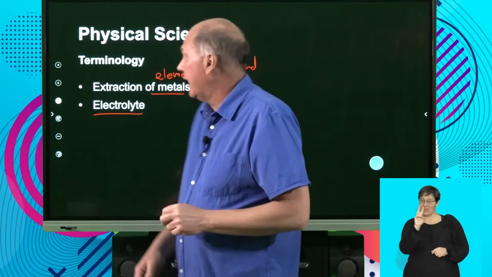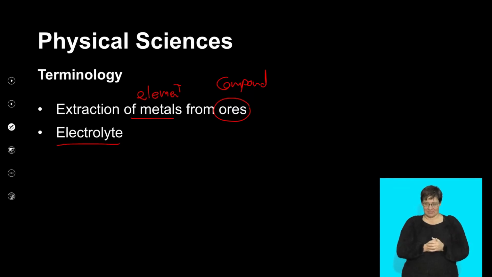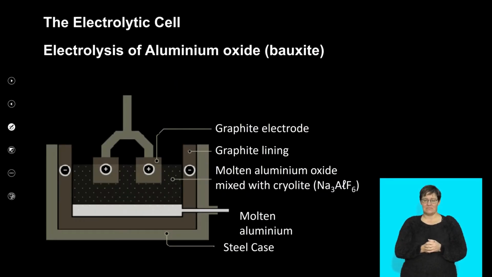Have a look at the diagram to explain it, so you can see what's going on. Now, this diagram isn't particularly colorful, a little bit gray, but this area here, these dotted lines over here, represents the molten mixture of aluminium oxide. But within that mixture, there's something called cryolite.